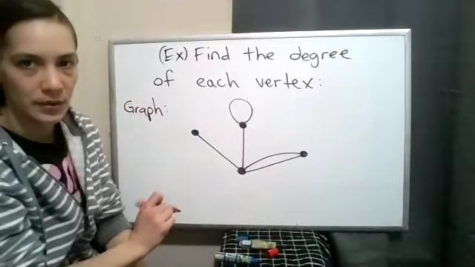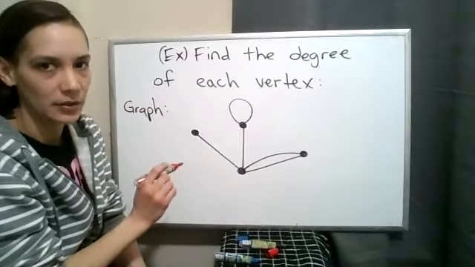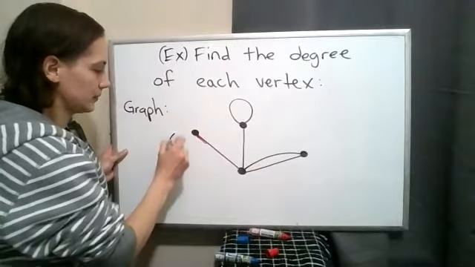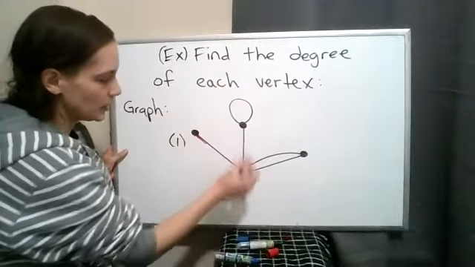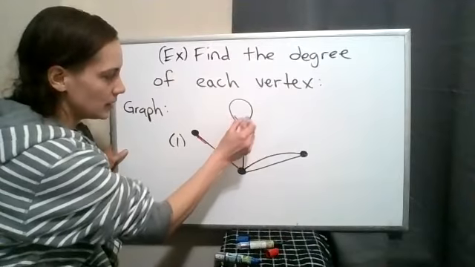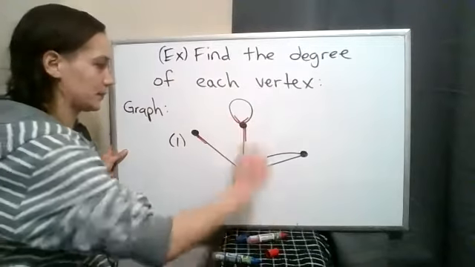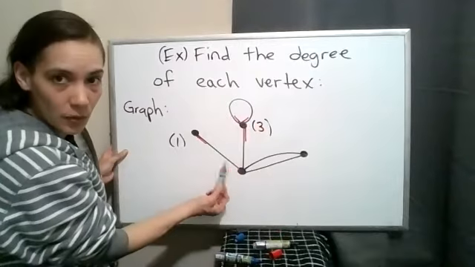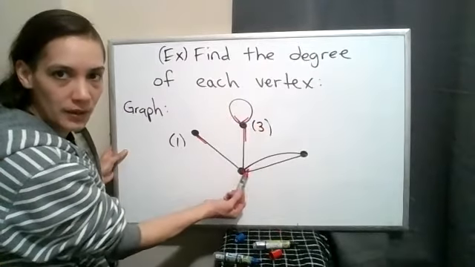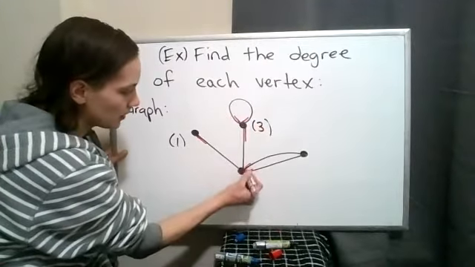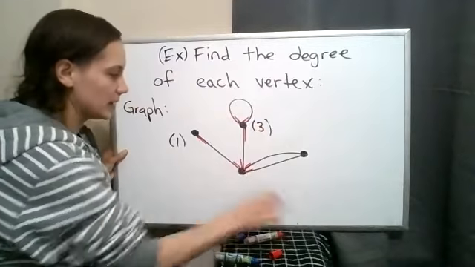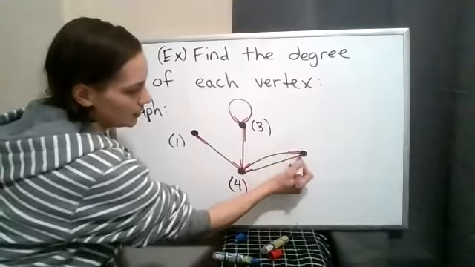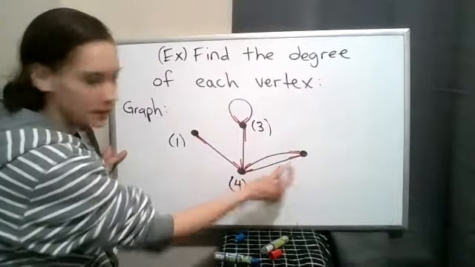And for this part, we're just going to put the degree as a label. So this degree is 1. Let's go here. This degree is 1, 2, 3. Here we go. 1, 2, 3, 4. Degree 4. And that's 1, 2 connections, degree 2.